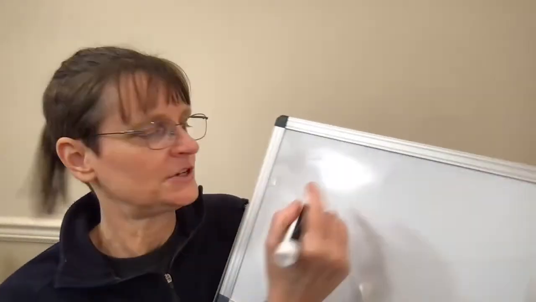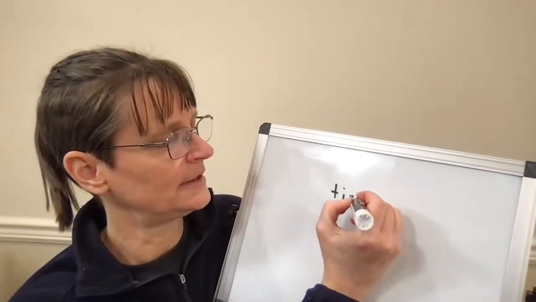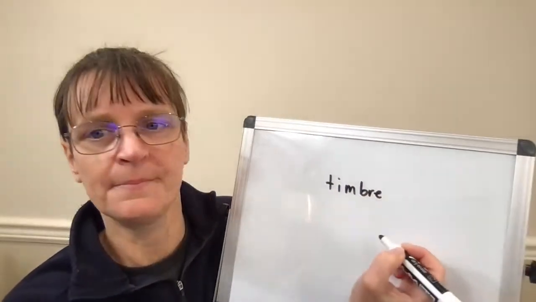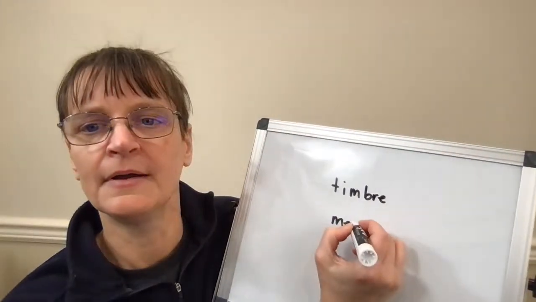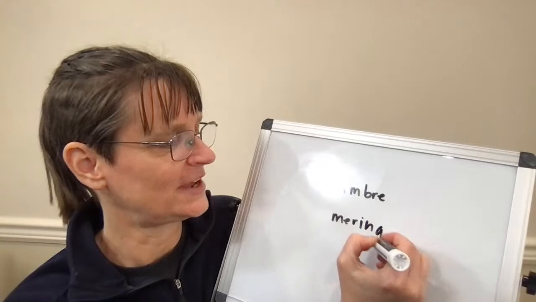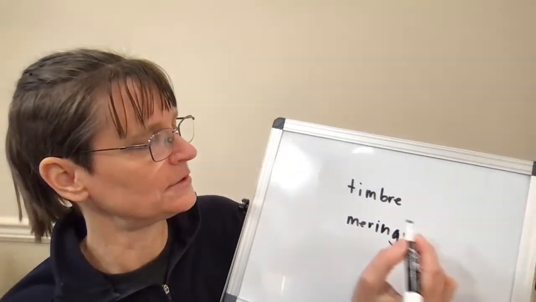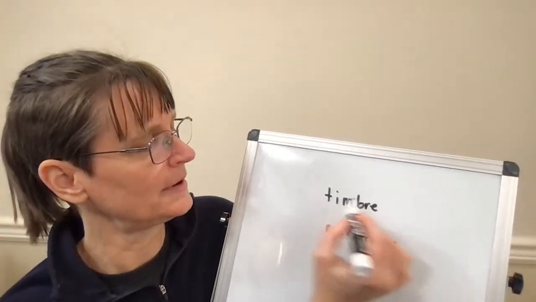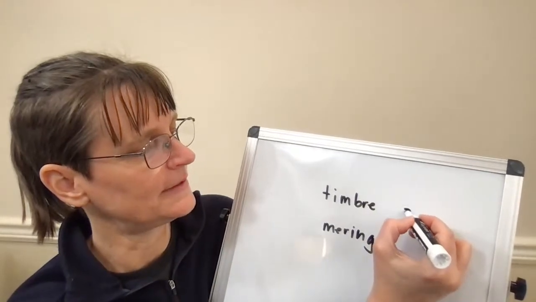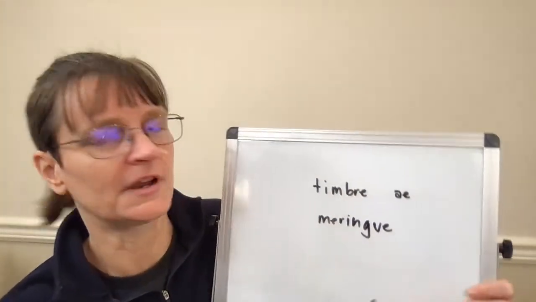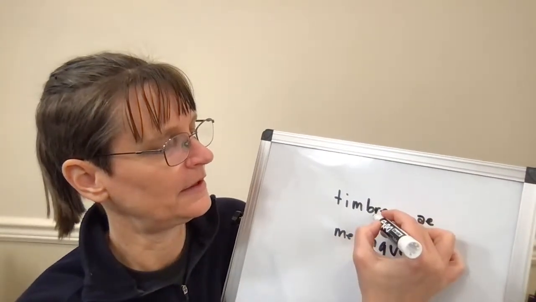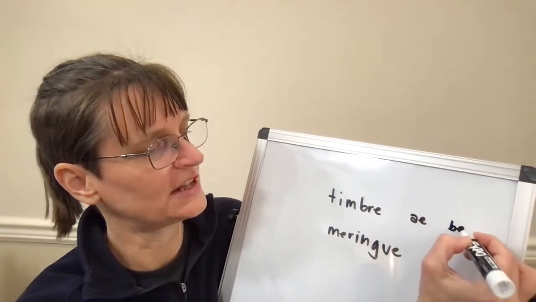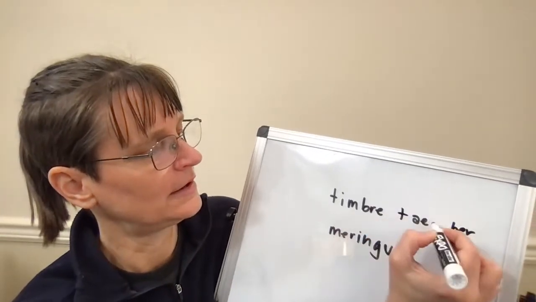So Dana wants to know about timbre and meringue. Again, challenging spelling there. All right, so timbre has the a vowel, even though it's spelled with an I. This is definitely quite an exception. And then the RE actually sounds more like an ER.